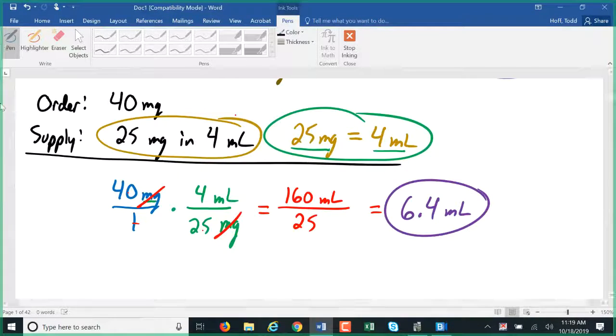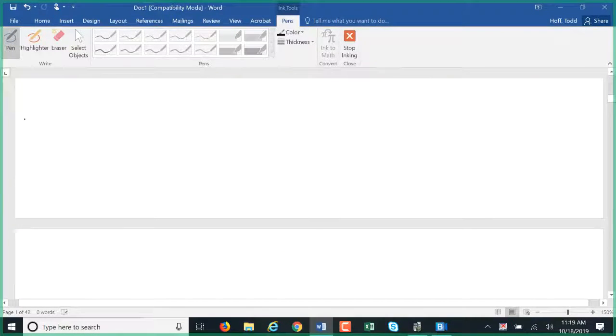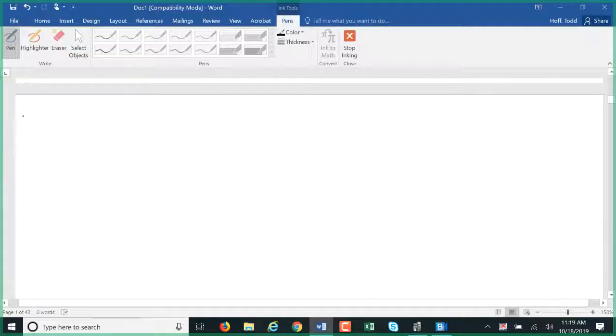Now, like I said, the strength of this is that when we run into conversions that need multiple steps, dimensional analysis can handle it all at once. Let's take a look at an example of what I mean here. So let's say our order is for 1,200,000 units.